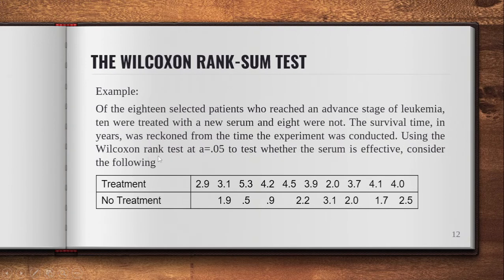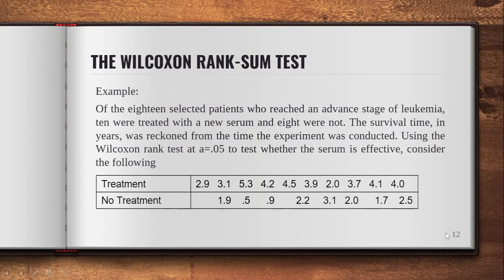Using the Wilcoxon rank test at A is equal to 0.05 to test whether the serum is effective. Consider the following. So the treatment 2.9, 3.1, 5.3 and so on. So no treatment, we have 1.9, 0.5, 0.9, 2.2 and so on.